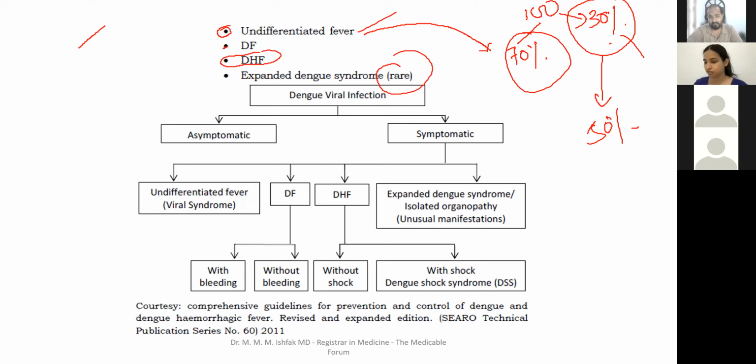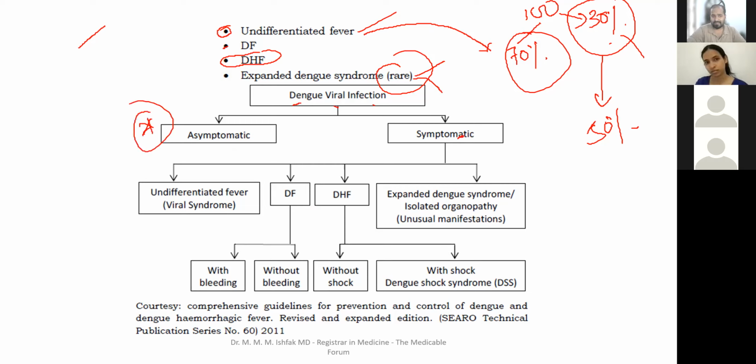It's very rare. So far, I have seen only one dengue myocarditis and one dengue encephalitis. It's that rare, right? So now, what I wanted to tell you is that dengue viral infection most of the time is asymptomatic, where you wouldn't even notice.